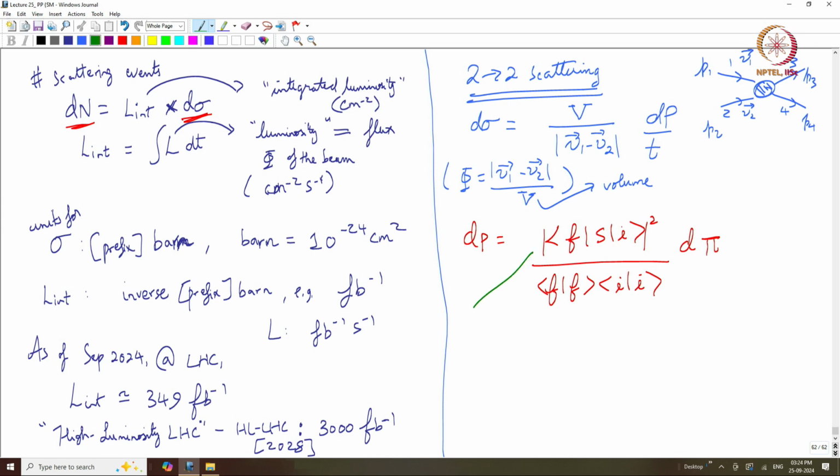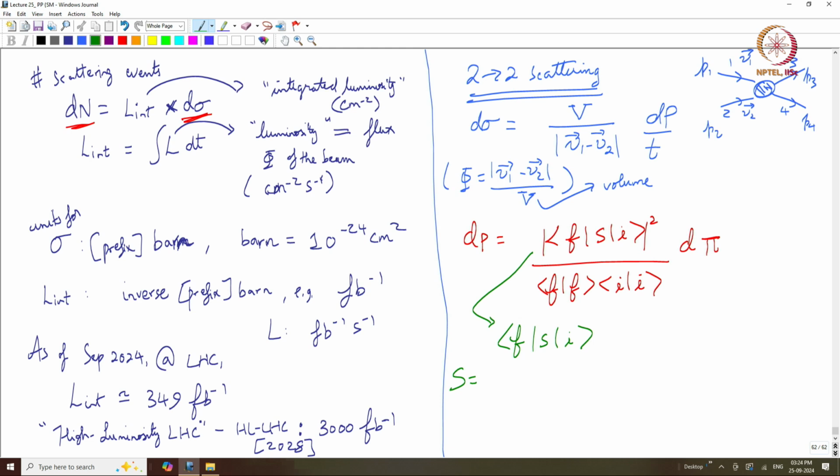This is basically something of a transition amplitude to go from an initial state to a final state, where this S, what is this S? It's just called the S matrix.